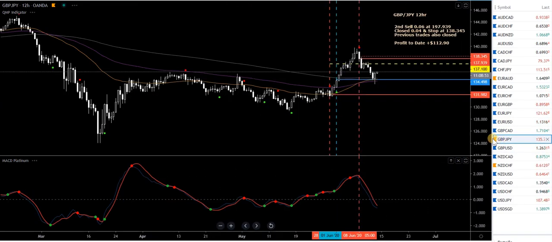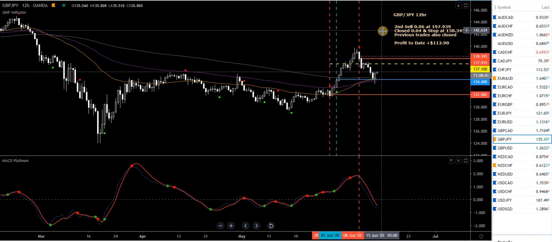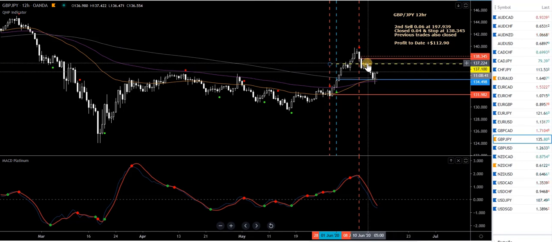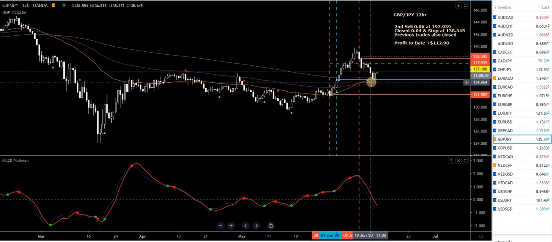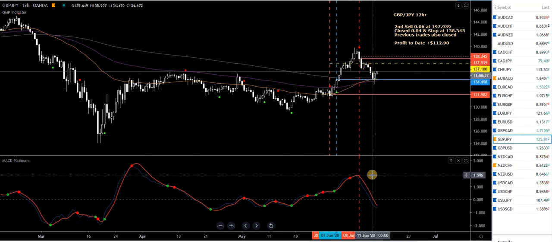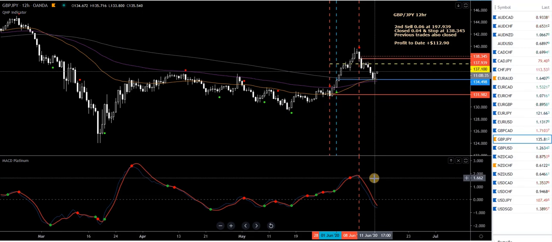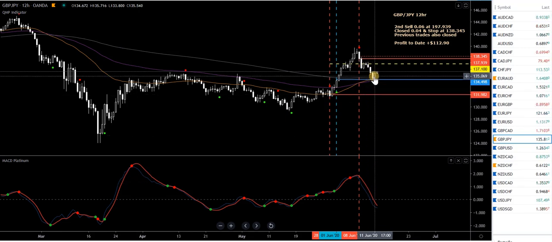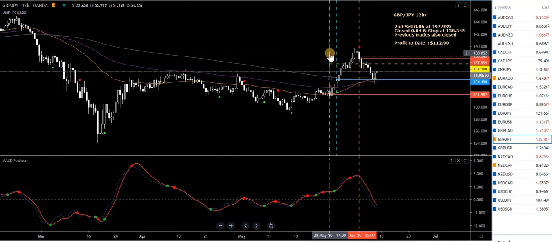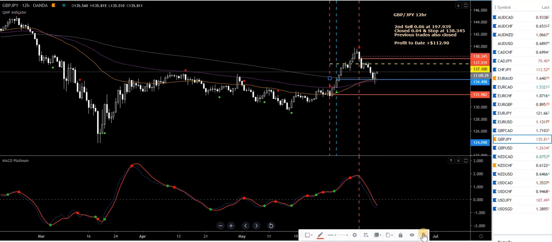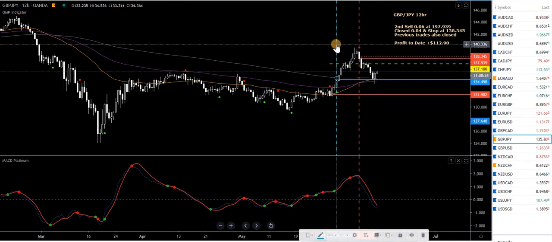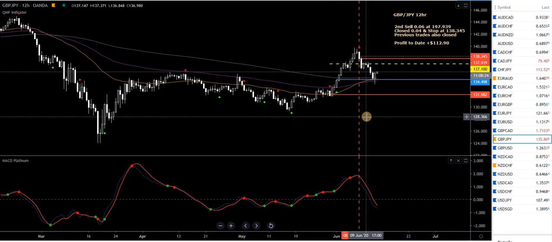Pound yen, took some action on this today. 4 o'clock a sell, second hedge buy, and a second sell. Overall break evens here, price is through the break even, well and truly. MACD platinum through the zero level, and we've got this bullish candle the last 12 hours. So I closed the original sell, so that's gone. Closed the original buy, the hedge buy, that's gone.